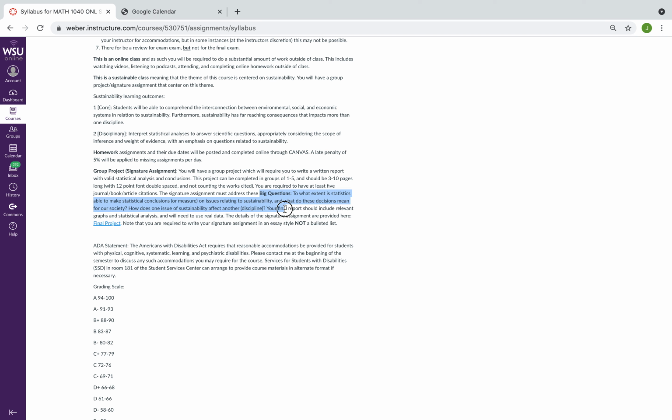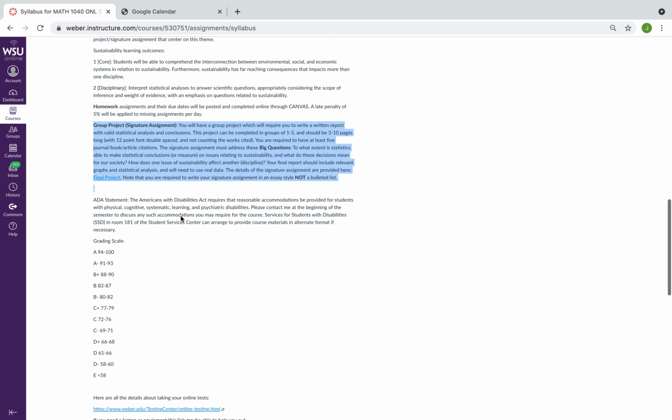And what does the decision mean for us in the big picture sense? Okay. So, you can read more about this, but there's also a detailed description of your group signature assignment on the Canvas homepage. I'll show you that.